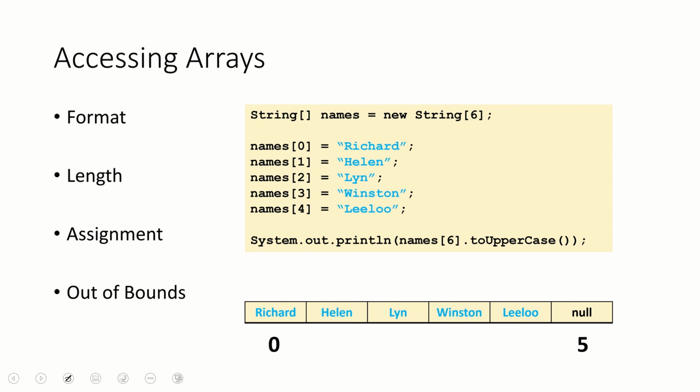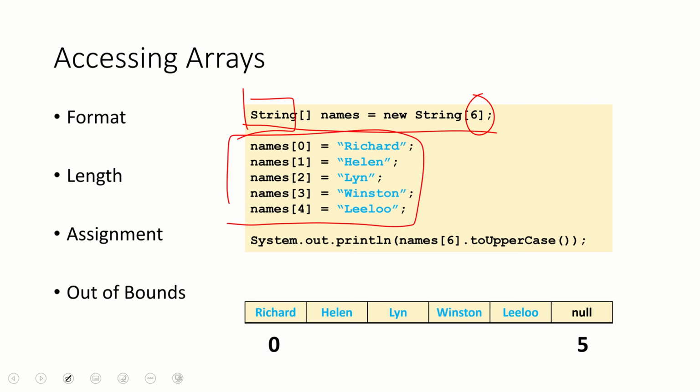For out of bound, in this example we have an array. First we know it can only store strings. Second, we know it can store only 6 strings. Right now we gave 5 elements, so basically one element is still empty.